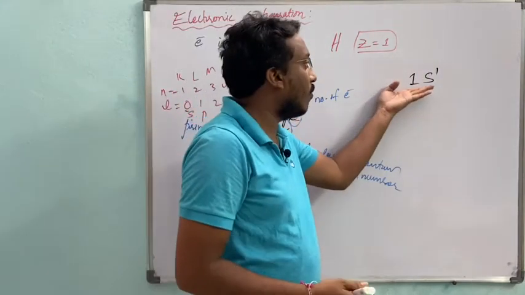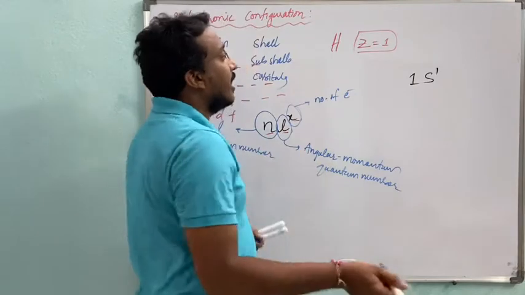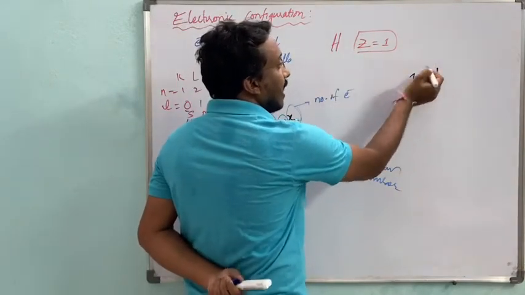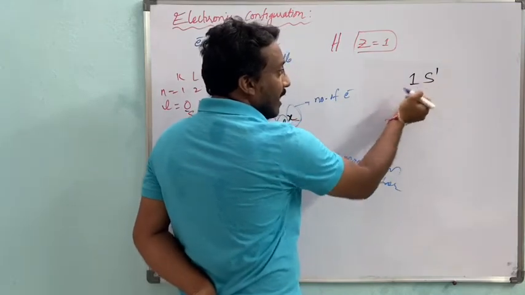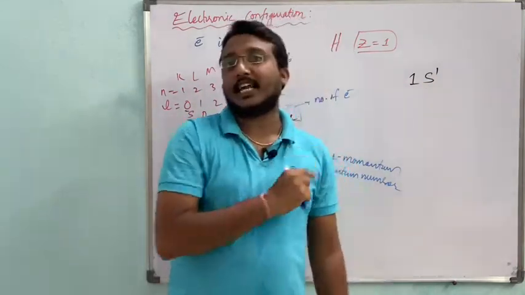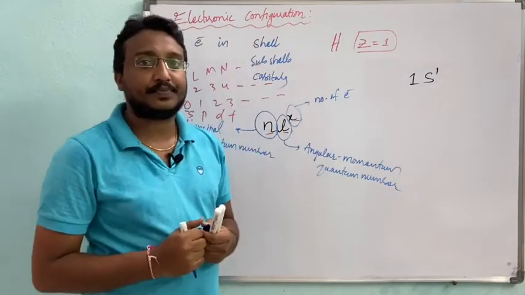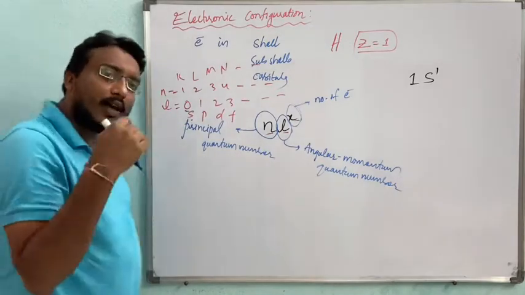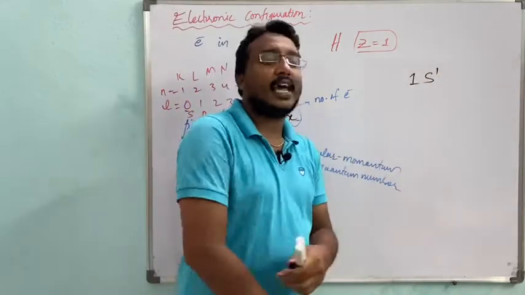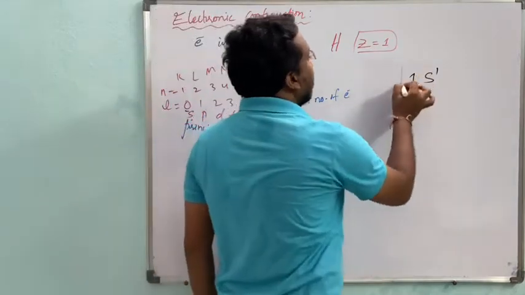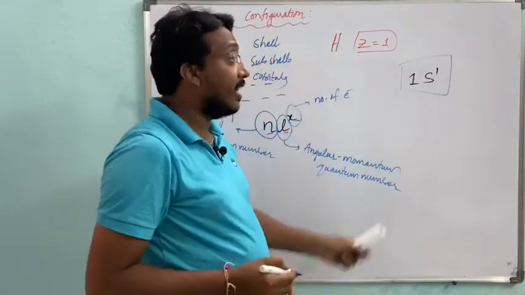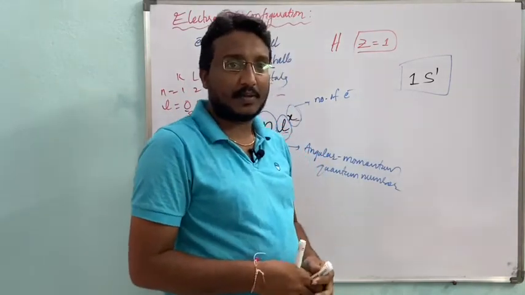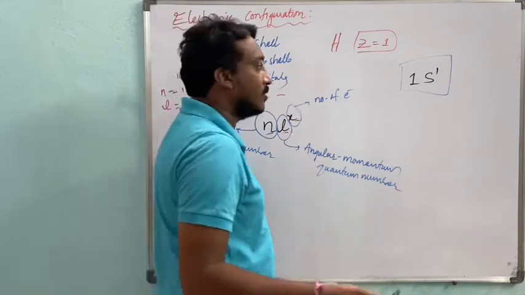That means the hydrogen atom consists of only one electron, and that electron will be in the first shell, s orbital. In the first shell it has only one subshell, that too s orbital only. From this we can know this. Then it can be represented with the spin of the electron also.